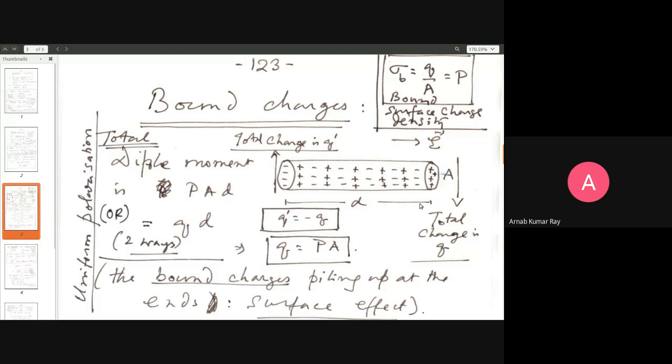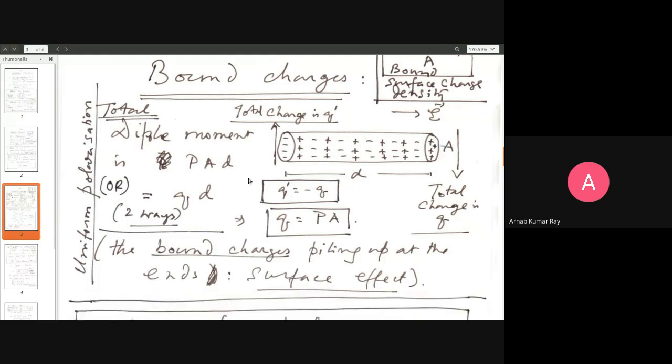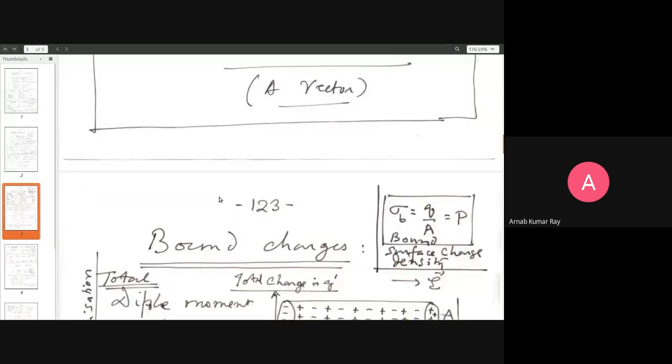So first, there are two ways of looking at the total dipole moment of this system. What are the two ways? First is charge, positive charge Q times the displacement D, Q into D. That is the dipole moment. I'm just referring to the magnitude for the time being. So just the magnitude of it that you have, Q into D. Okay. There's also another way of looking at it.